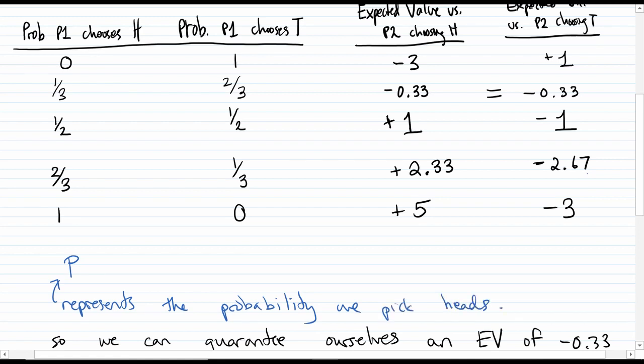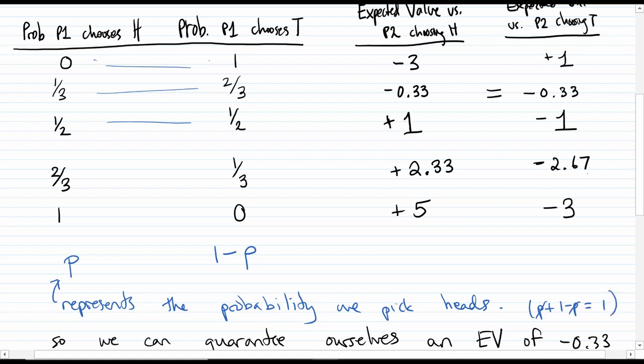Well, if we pick heads with probability p, then what's the probability we're going to choose tails? Well, remember the relationship between the two columns, they should add up to be 1. And so over here, the probability that we choose tails is going to be 1 minus p. If you think about it, p plus 1 minus p is equal to 1.